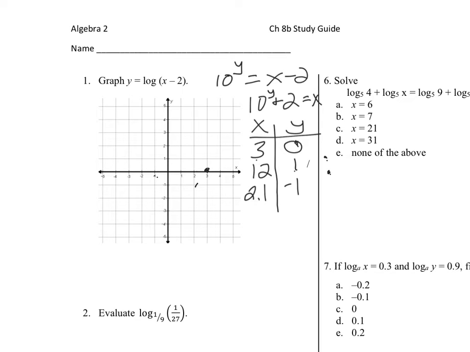Negative 1. So that's about here. Recognize that this x minus 2 means I have an asymptote of x equals 2. Okay, so I'm going to put a dotted line right down that. Okay, so this gives me a good idea of how this graph's going to go.